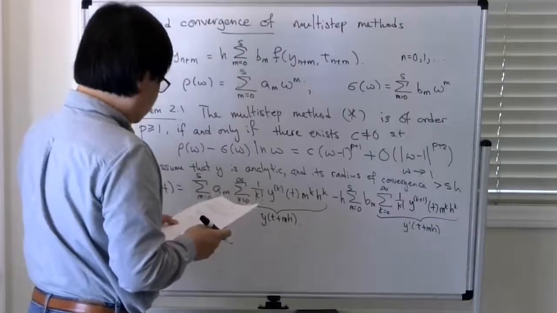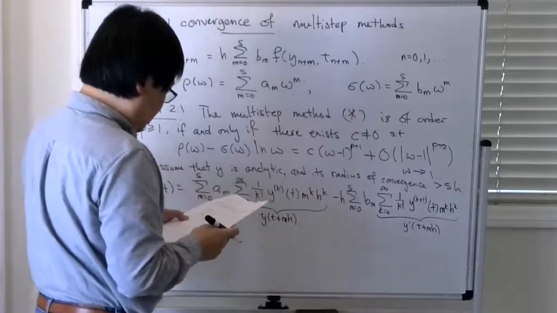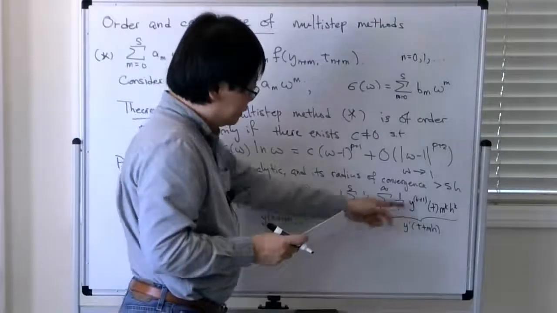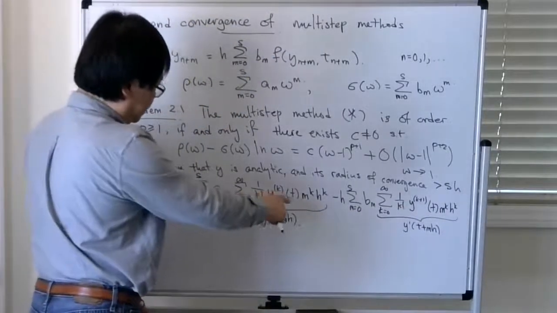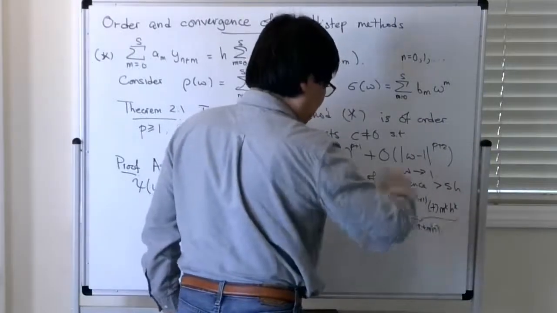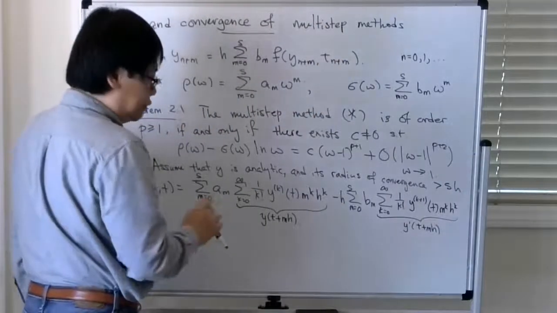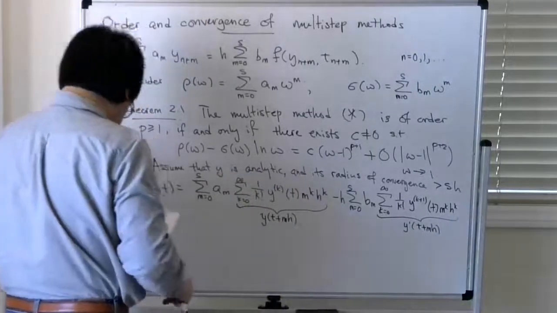All right, so let's now collect terms. I'm going to collect terms in the same powers of h. The h to the 0 term just includes terms from the very first piece.